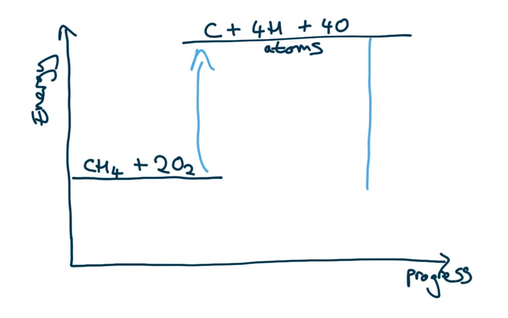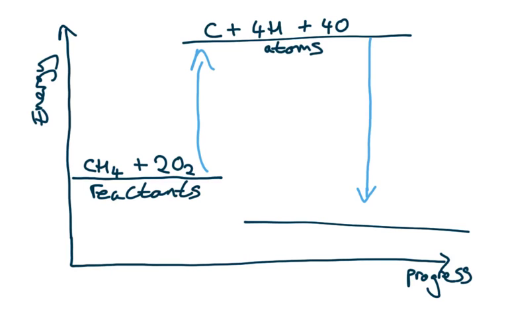Now I know that burning methane is an exothermic reaction, so I'm going to draw my arrow going lower than my reactants. And I'm going to draw a line for my products. So here I have reactants, and over here my products. And my products in this case are carbon dioxide plus 2 water molecules.